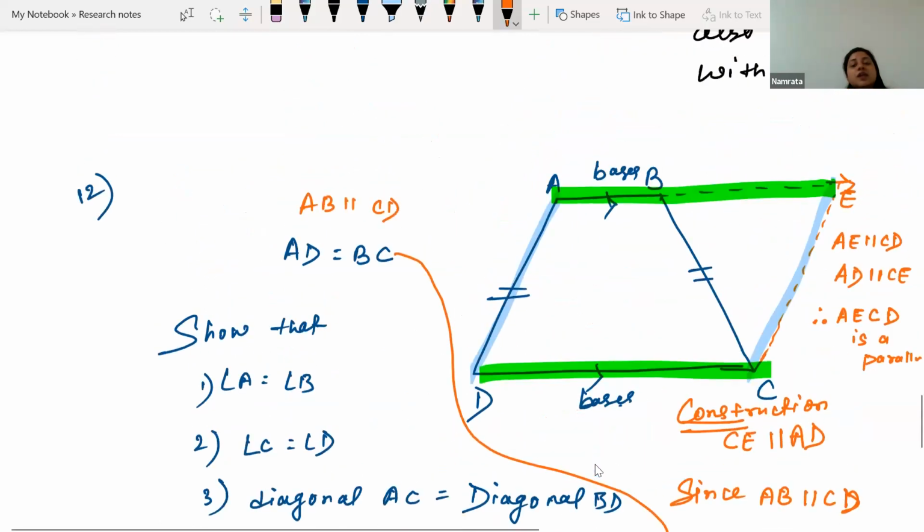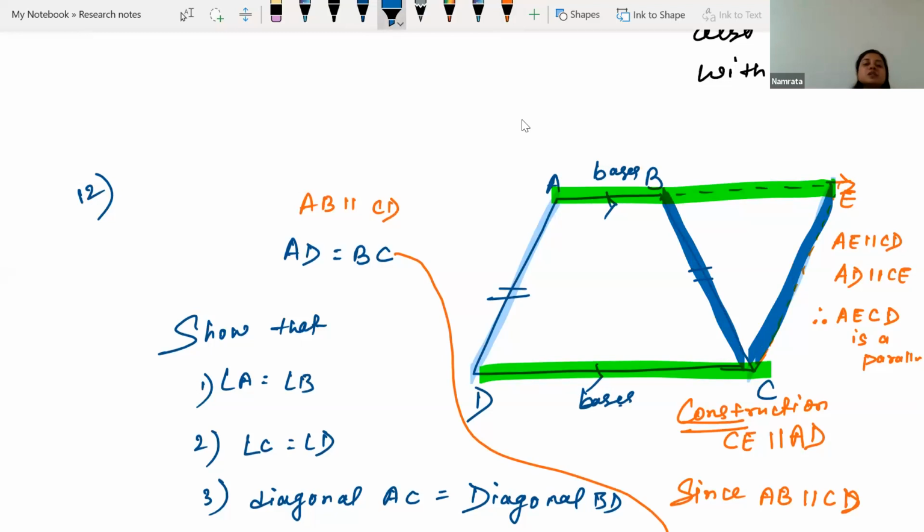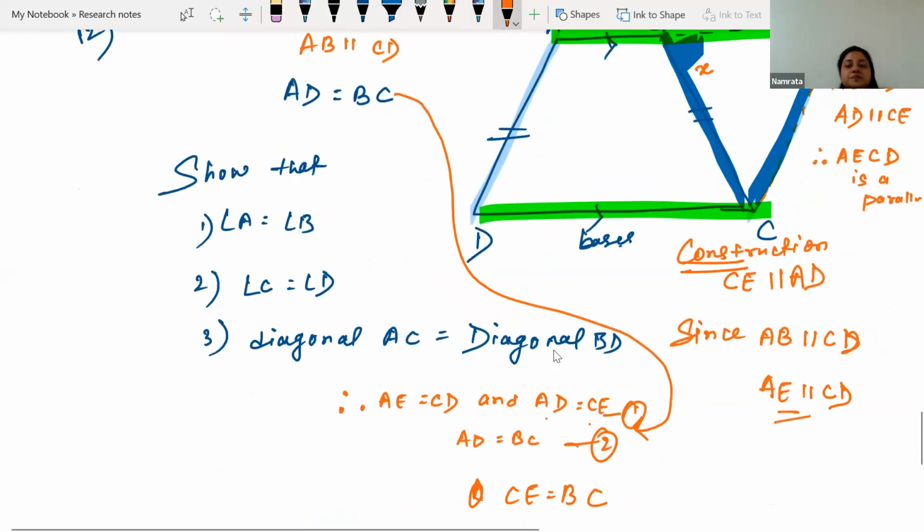Now focus on the triangle. CE and BC are the same, so it's an isosceles triangle. Can we say if two sides are the same, then it's an isosceles triangle? If CE and BC are the same, then obviously it's an isosceles triangle where the opposite angles will also be the same. This angle and this angle will be the same. So let's take this angle as x. This angle will also be x only. Let's write it.